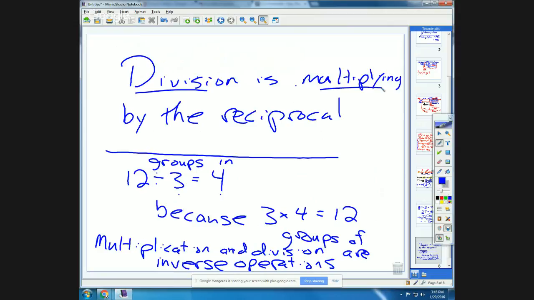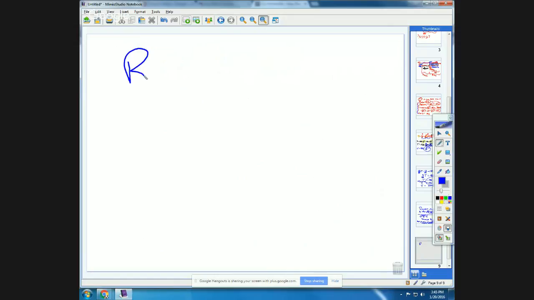Next, what does reciprocal mean? Flip it, right? Reciprocal means flip the fraction. So write down a couple of examples of reciprocal. Write something on your paper. 1/4 or 4/1.